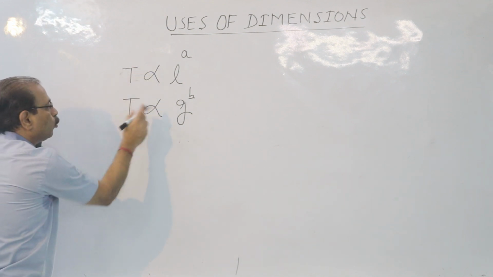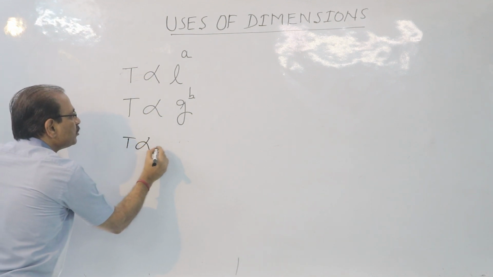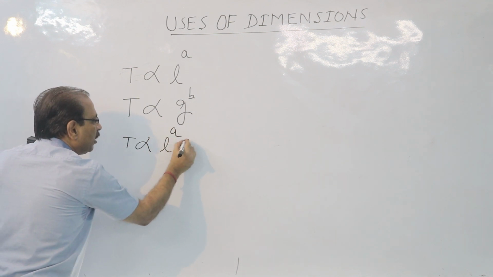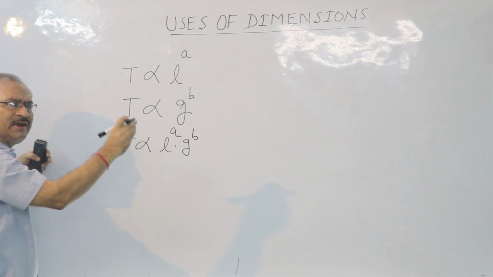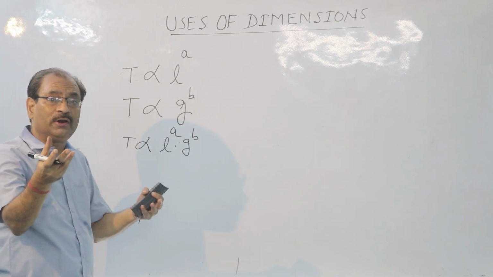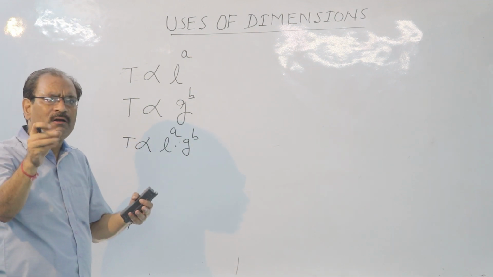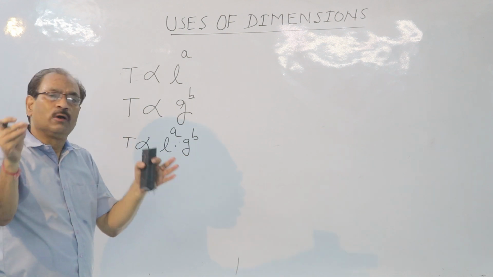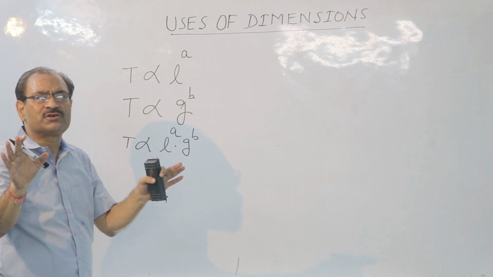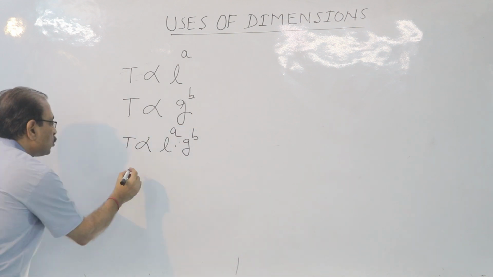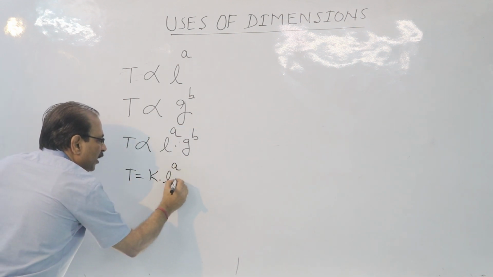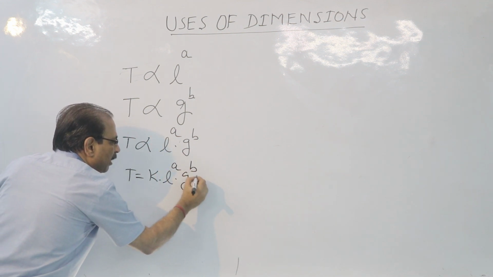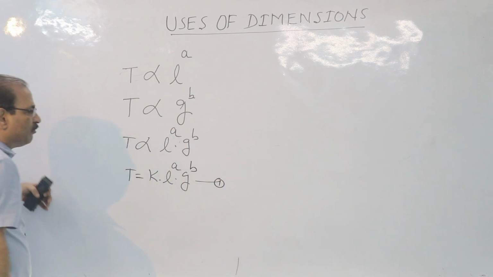If you combine the two, you can write T proportional to length power A, acceleration due to gravity power B. This proportionality can be removed by equality by putting a dimensionless constant. Constants have no dimensions at all in physics. So T is equal to K, length power A and acceleration due to gravity power B. Let it be equation number 1.